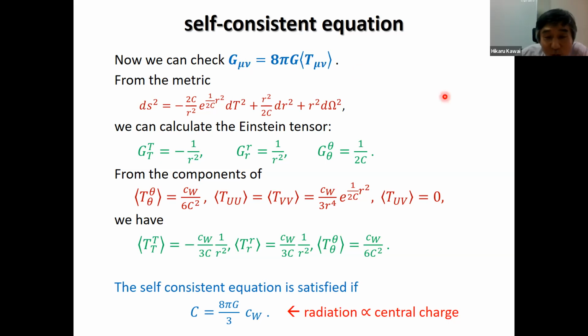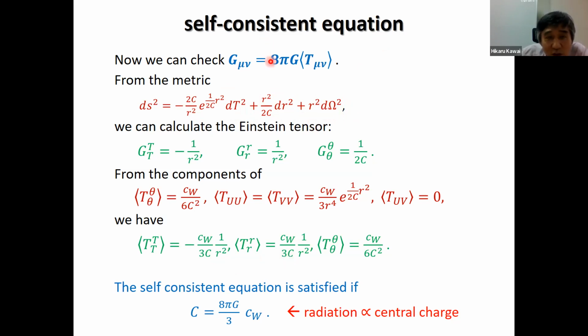So the argument was the following. First, we make the ansatz; we conjecture that this is the metric. We made a candidate metric starting from the multi-shell model. Then by using the Weyl anomaly, we calculate the energy momentum tensor.